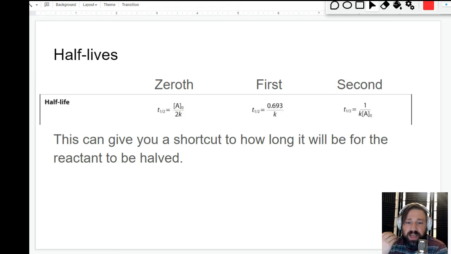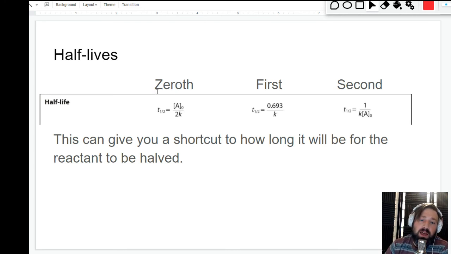Just to make sure everyone remembers, a half-life is how much time it takes for exactly half of the thing to go away. Let's say I start with 1.4 molar. How much time has to pass until I have 0.7 molar, exactly half of it?